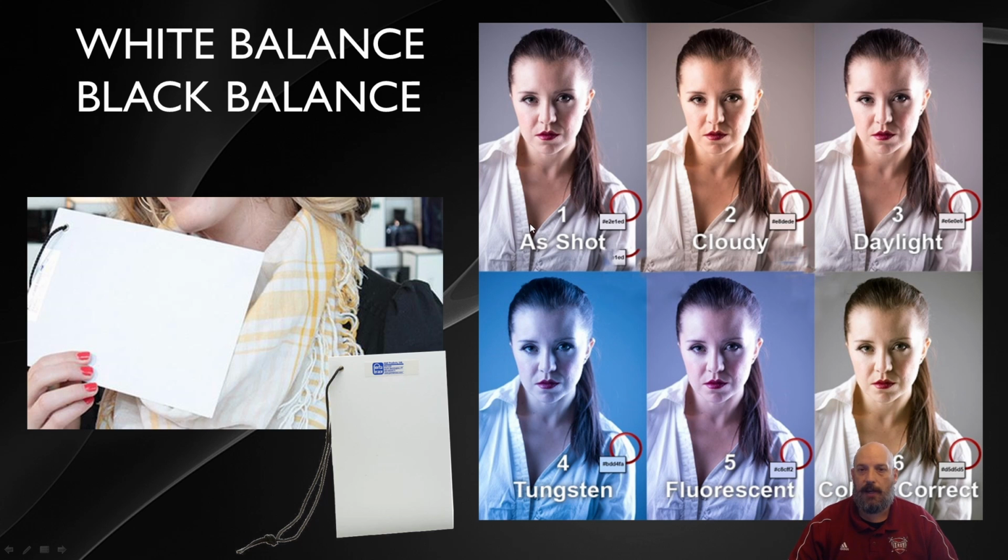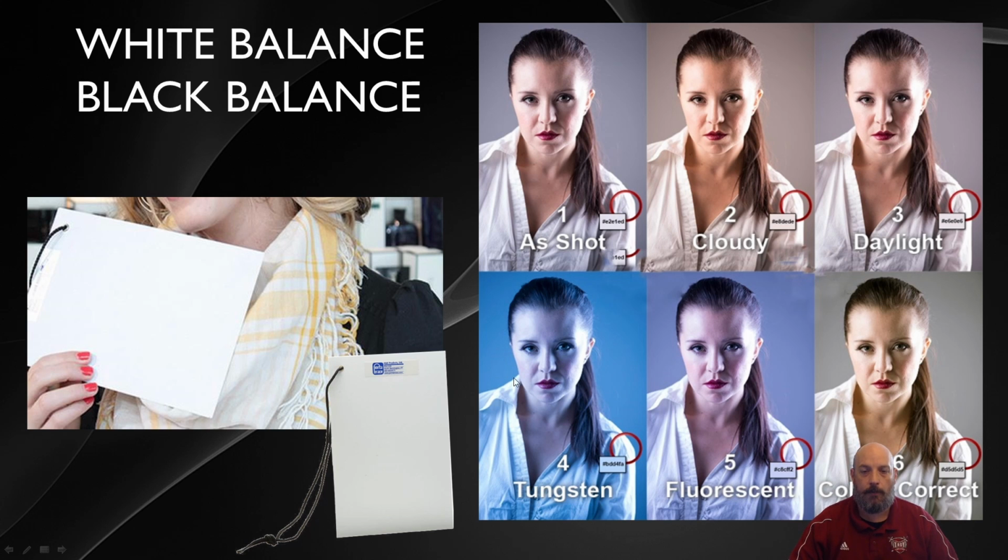And so what happened here in this case was a person shot a picture using standard studio lighting, and then they changed the lighting, but not the setup of the camera. So they simulated a cloudy day, and all of a sudden you see more oranges coming out. Daylight, it's getting a little more. If they set it for a fluorescent light, look how blue it turned.